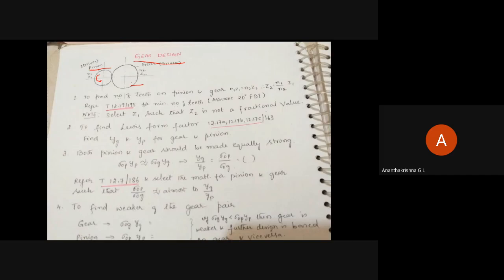That is, the output of the gear will have lesser speed compared to the pinion. That's why we have the gear ratio over here. So the smaller one is called the pinion and the larger one is called the gear. N1 represents the speed of the pinion, Z1 represents the number of teeth on the pinion, N2 is the speed of the gear, and Z2 is the number of teeth on the gear.